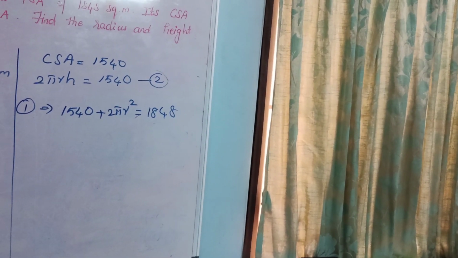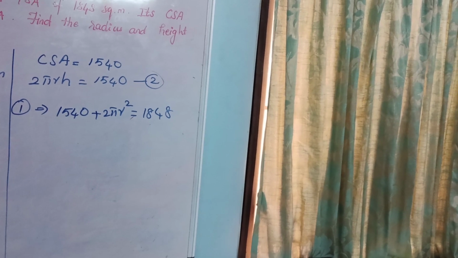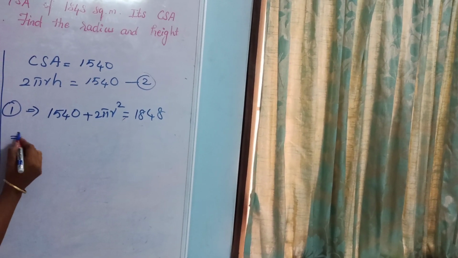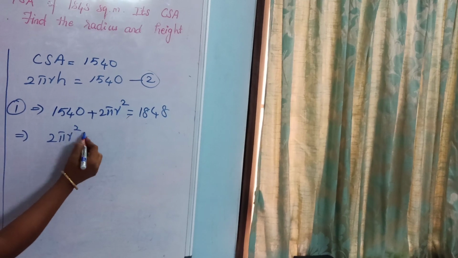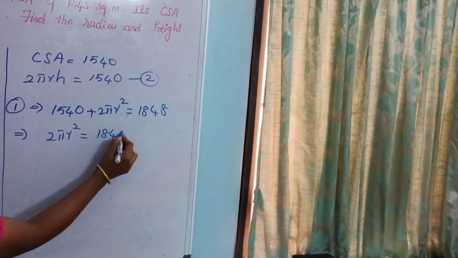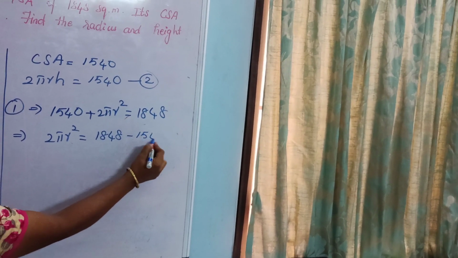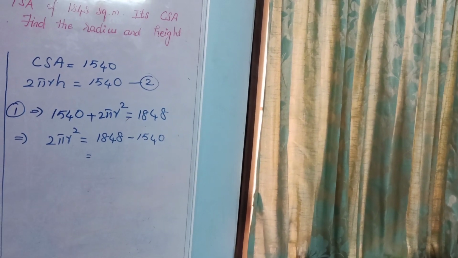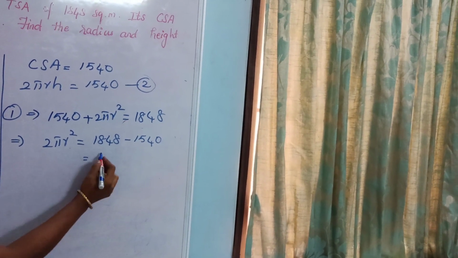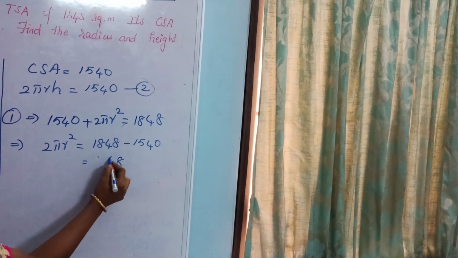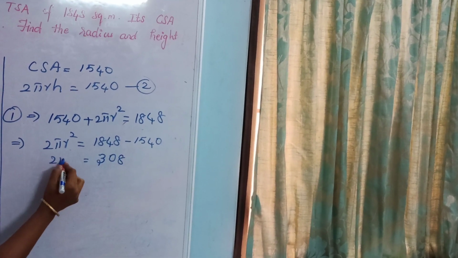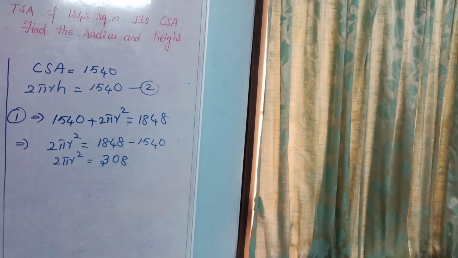Using this, first let us find the value of r². So 2πr² equals 1848 minus 1540, which gives 308. So 2πr² is 308.